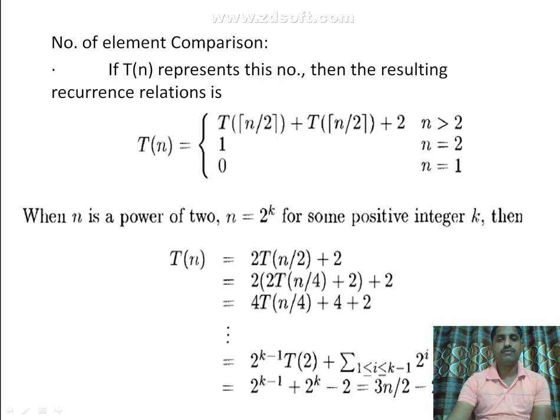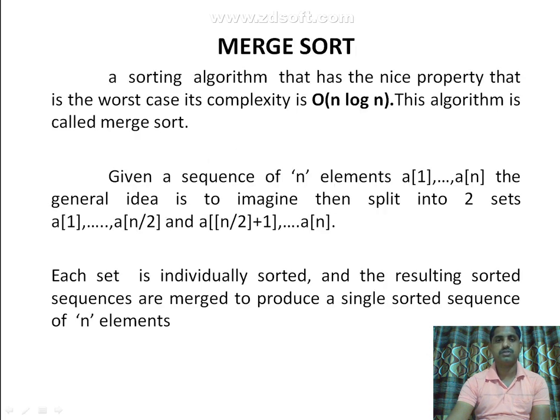When n is a power of 2, n equal to 2 power k for some positive integer k, then T(n) equal to 2T(n/2) plus 2, that equals 2 into 2T(n/4) plus 2, that is 4T(n/4) plus 4 plus 2, and so on: 2 power k minus 1 into T(2) plus the sum for 1 less than or equal to i less than or equal to k minus 1 of 2 power i, that is 2 power k minus 1 plus 2 power k minus 2, which equals 3n/2 minus 2. Okay, it is one of the conditions.